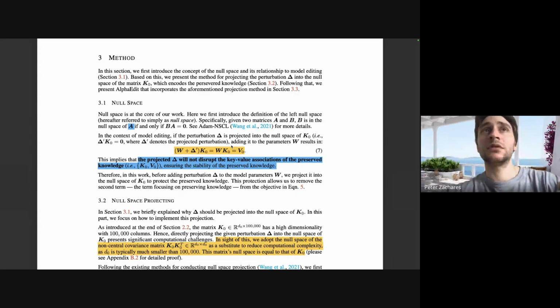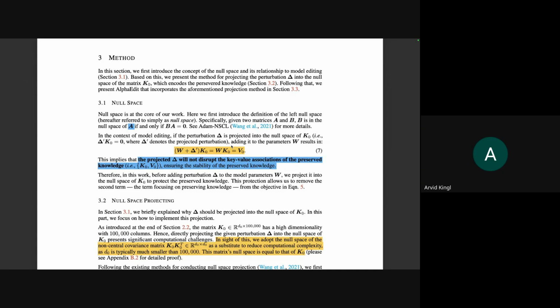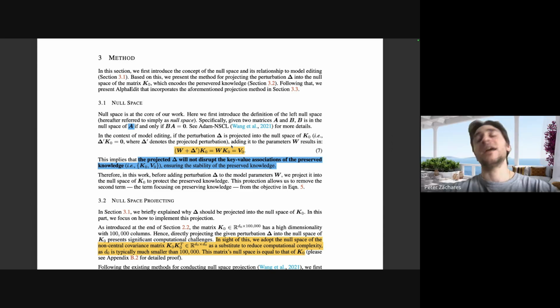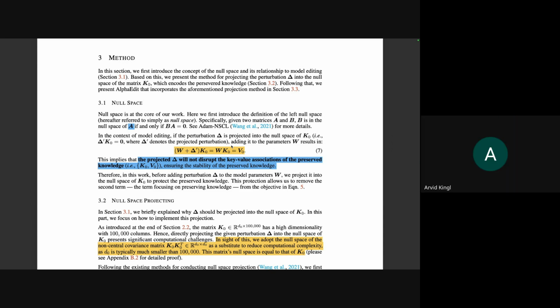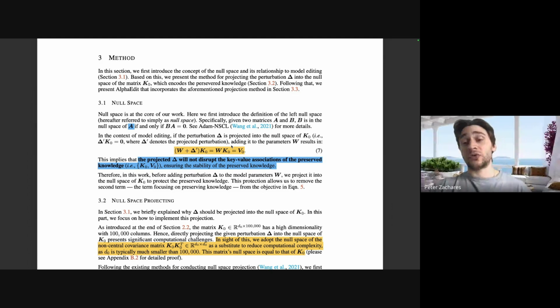Yeah, Arvin? One question. This null space wouldn't normally be expected to be very small. Wouldn't it mean that the rank of the matrix must not be full, but that is almost unlikely to happen just by having random vectors, right? Yeah, true. They don't actually talk about this, and that was one of the questions I had as well.